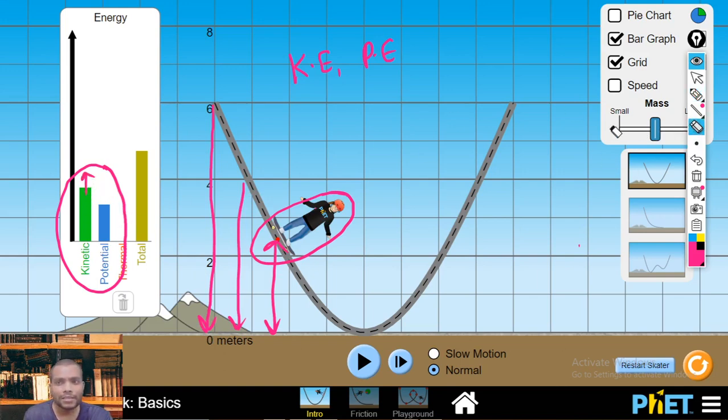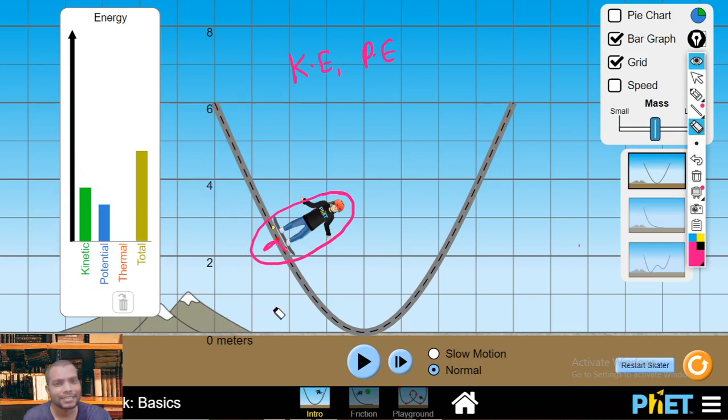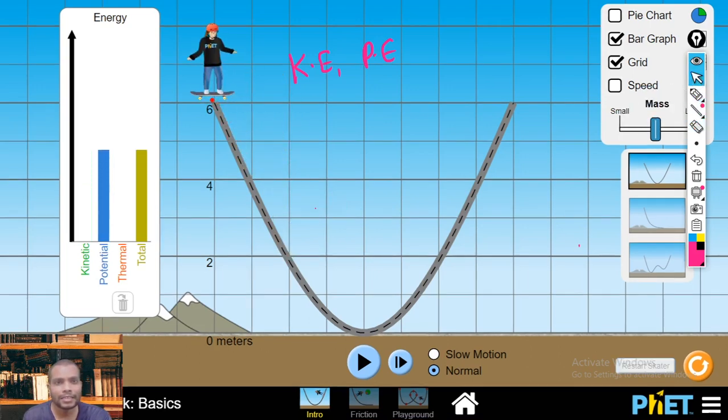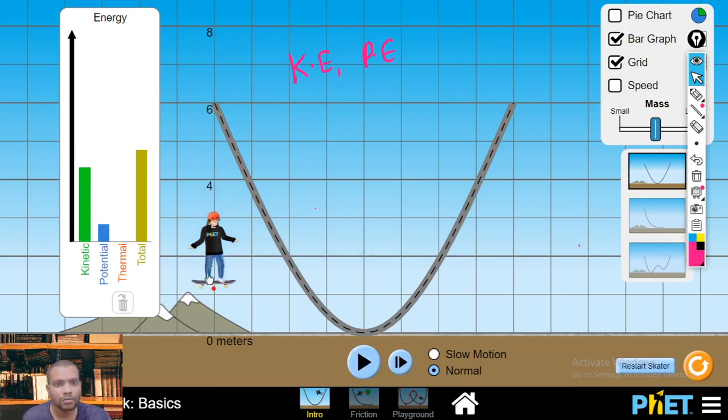Now I am asking a question here. How did he get kinetic energy? When you take him again to here, he only has potential energy, that is his only energy, but when we play, he is moving. Oops, he has fallen down.